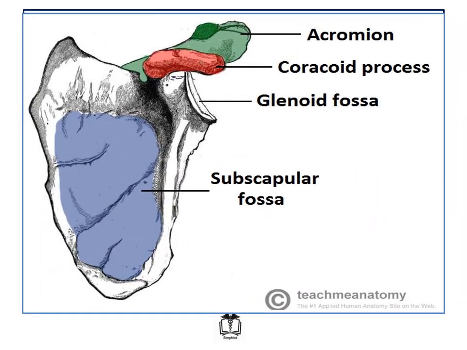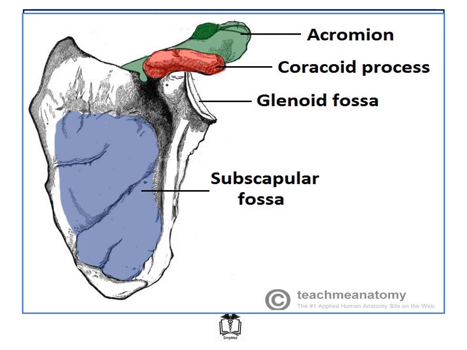This is a picture of some of the landmarks that we've talked about already. This is showing us the anterior surface of the scapula. You could see that some of the structures that we talked about are visible here. That is the subscapular fossa here, which is the site of attachment for the subscapularis muscle.